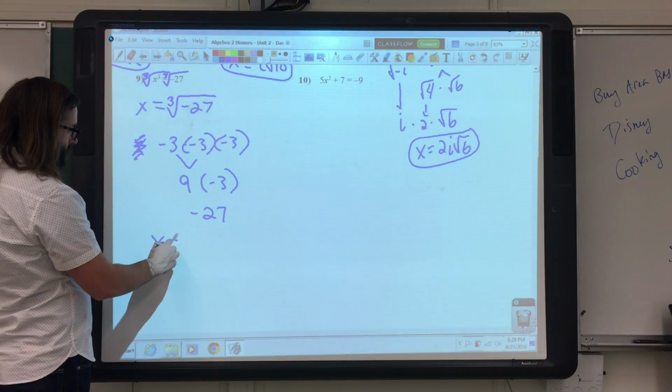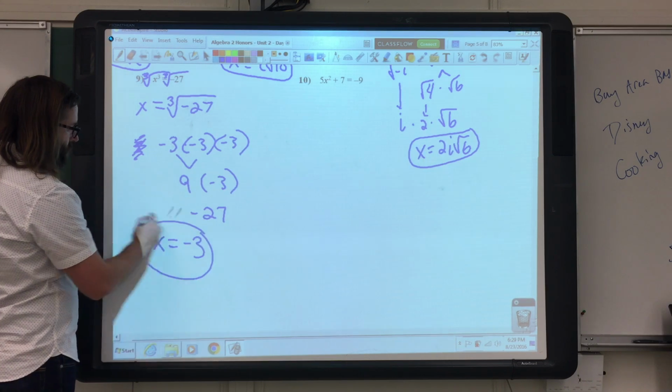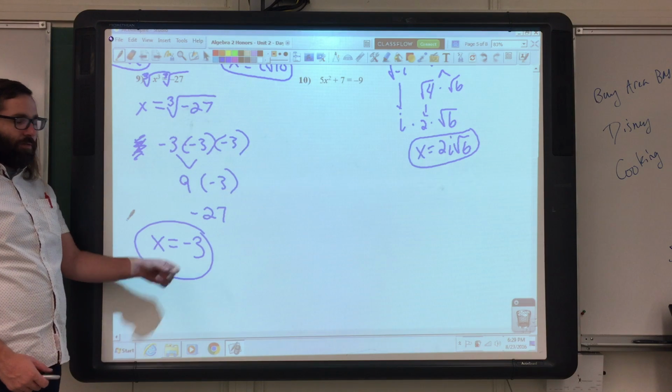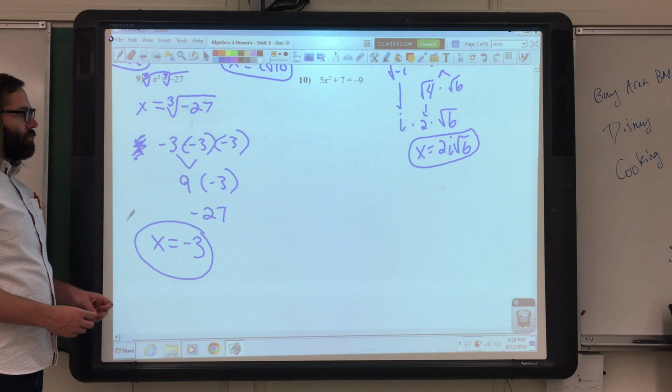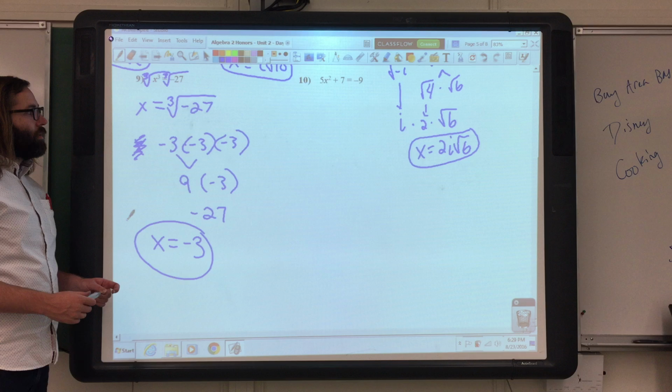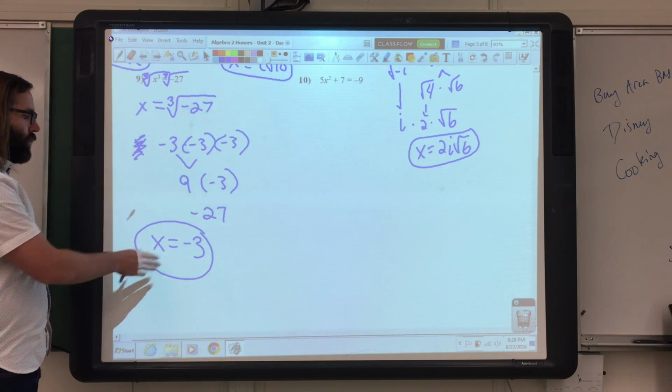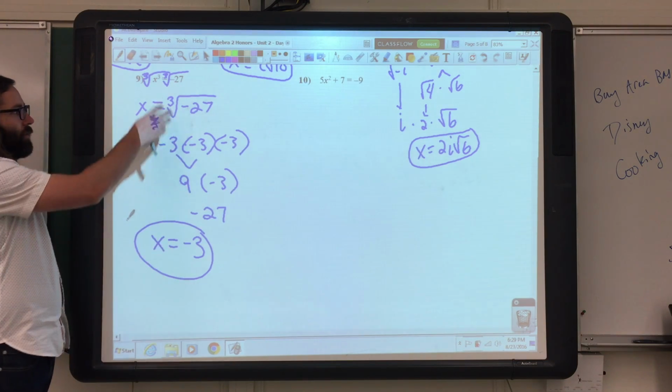So x is going to be negative 3. In cube roots, you can have negatives in there. Whenever you have an even root, 2, 4, 6, 8, you can't have negative numbers in there.